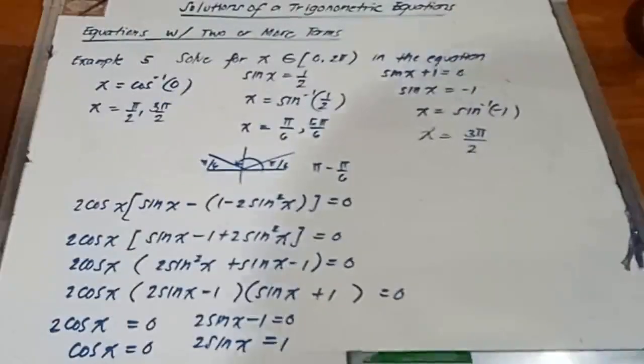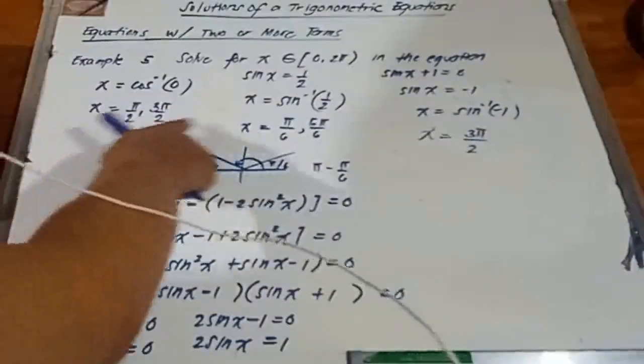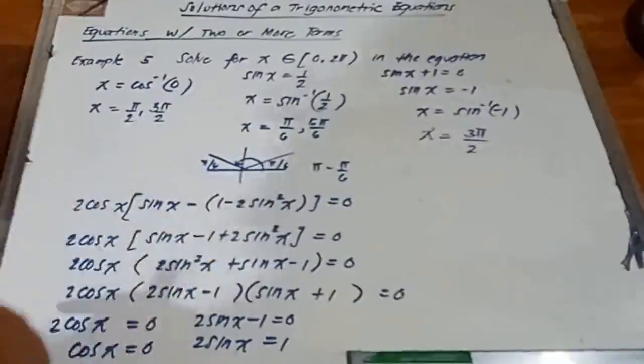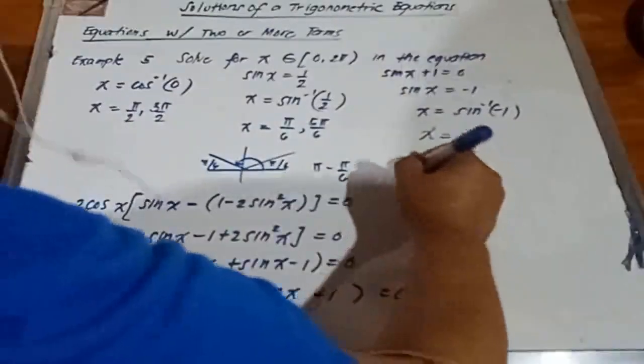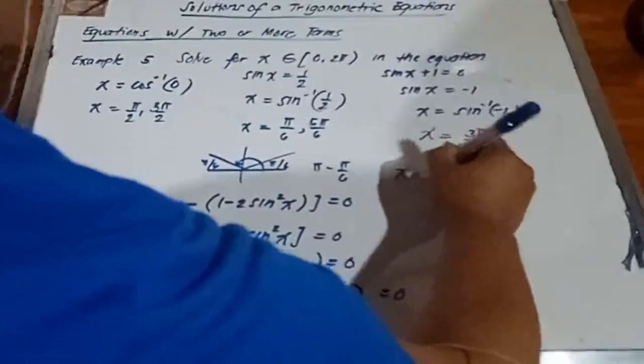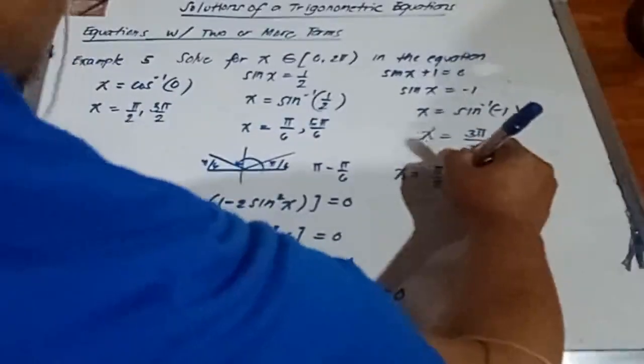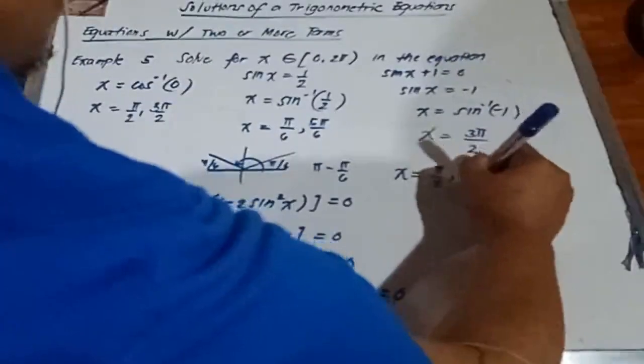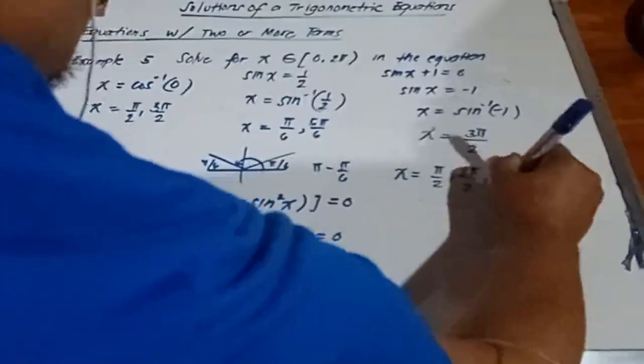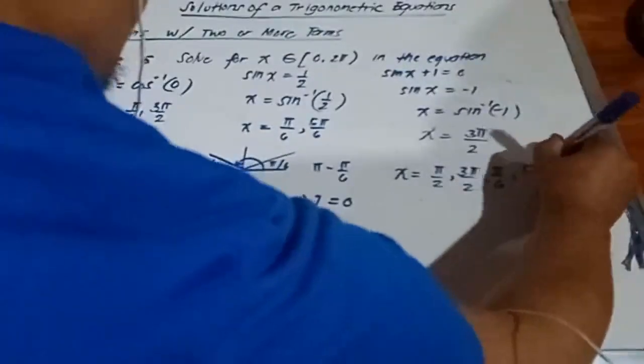Okay? So, ang pinakasagot natin ay pi over 2, pi over 6, 3 pi over 2, and 5 pi over 6. So, ito ang pinakasagot natin. x equal to pi over 2, 3 pi over 2, pi over 6, and 5 pi over 6.